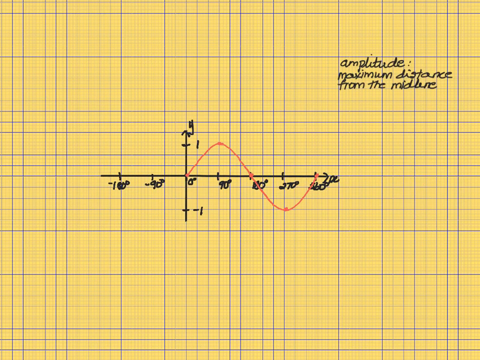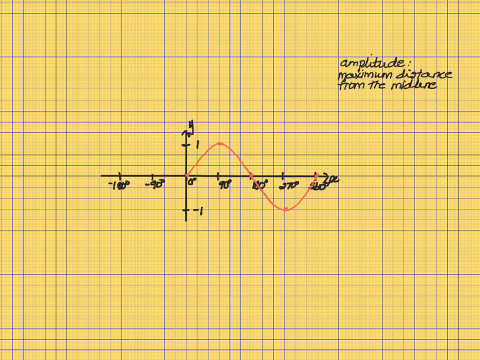I'm going to do a quick review of the concept of amplitude. The amplitude is defined as the maximum distance from the midline of that wave. So in this particular wave over here, the x-axis is the midline. It cuts the wave in half. It goes through the middle of the waves.